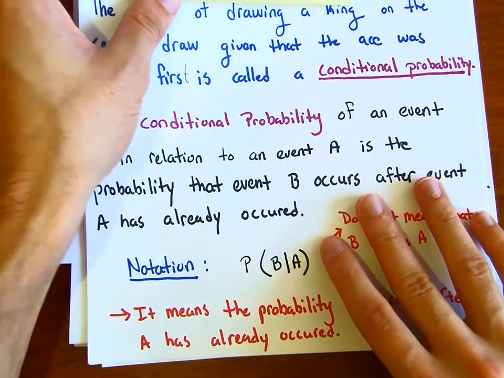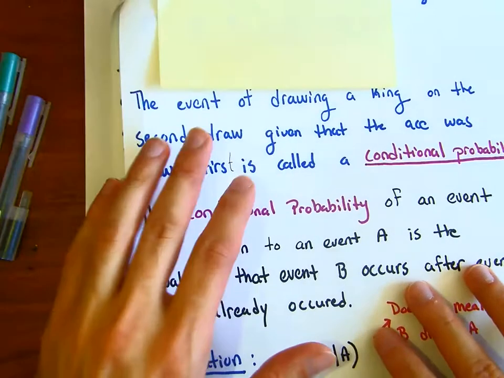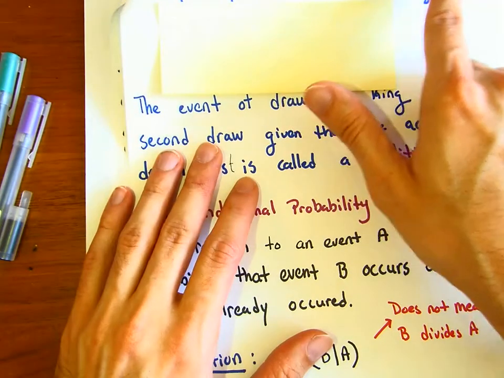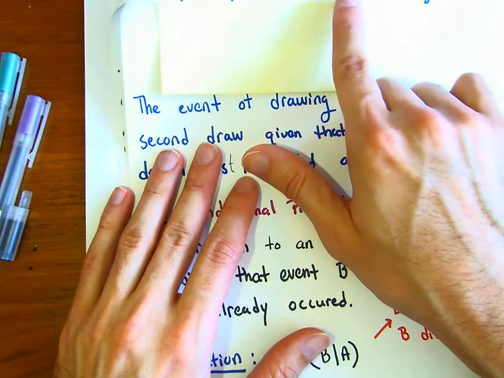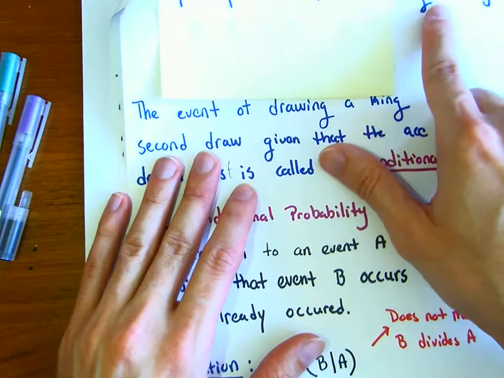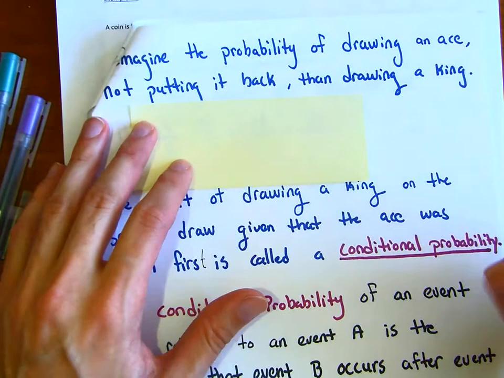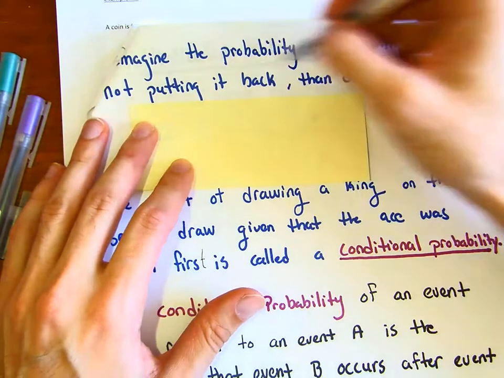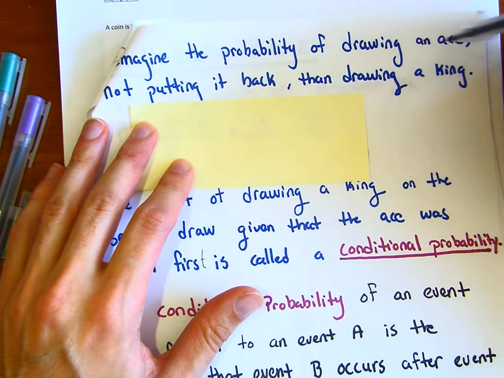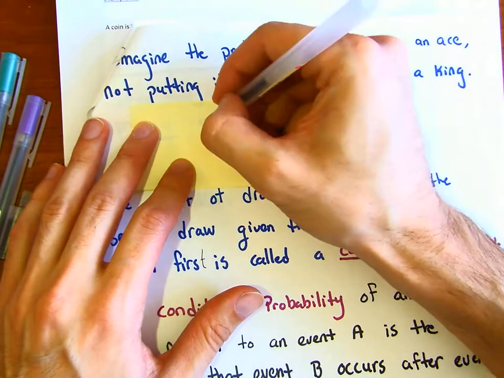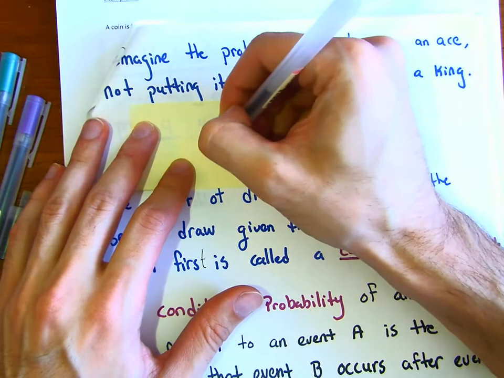Let's actually go through this problem here. It's saying, imagine the probability of drawing an ace and not putting it back into the deck and then drawing a king. Let's first do the first part. What's the probability of drawing an ace? Notice that drawing an ace is 4 out of 52.